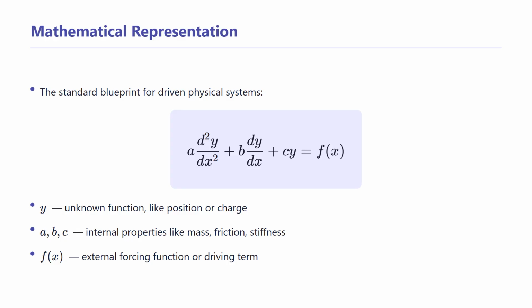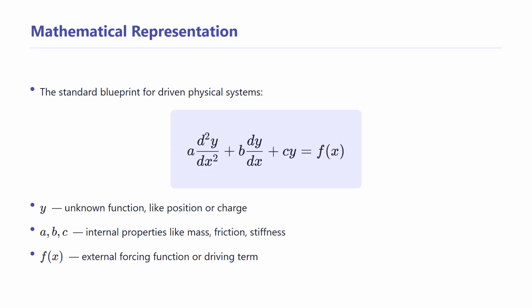This brings us to the mathematical representation. Here is the standard blueprint for all the physical systems we just discussed. On the left side, the variable y represents the unknown function we want to find, like the position of a mass. The constants a, b, and c represent the internal physical properties of the system, such as mass, friction, and spring stiffness.